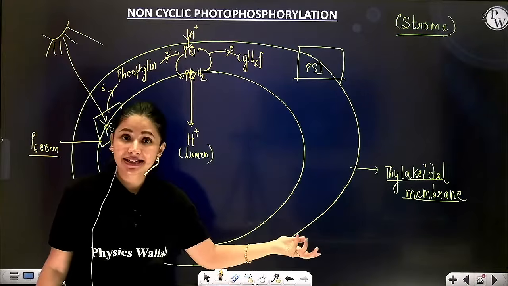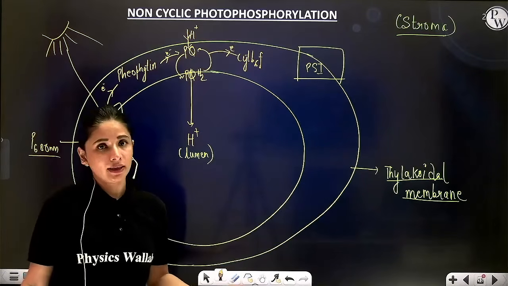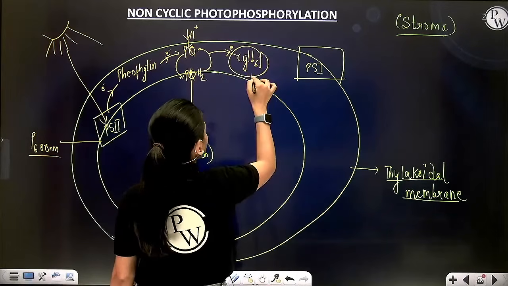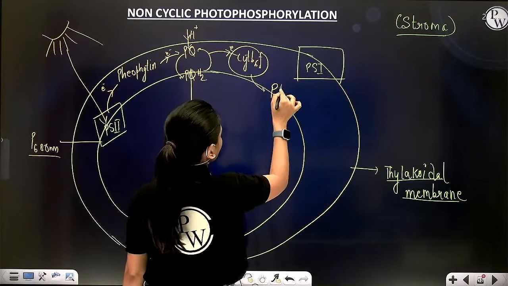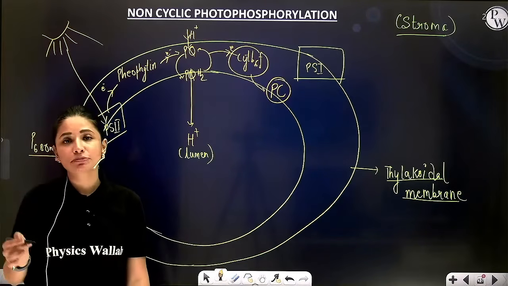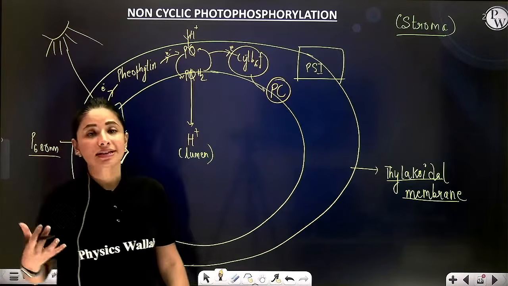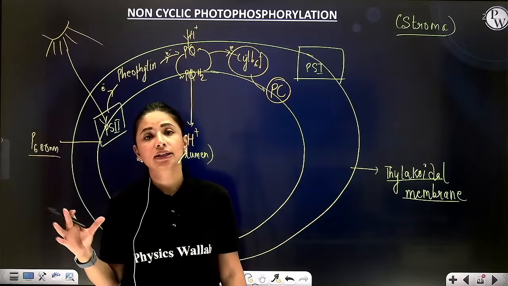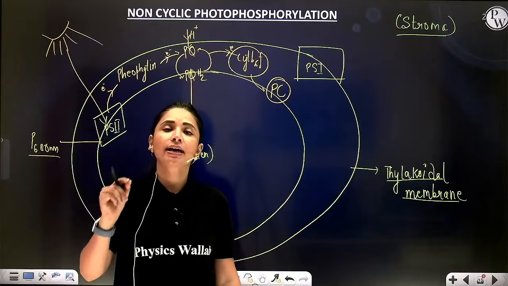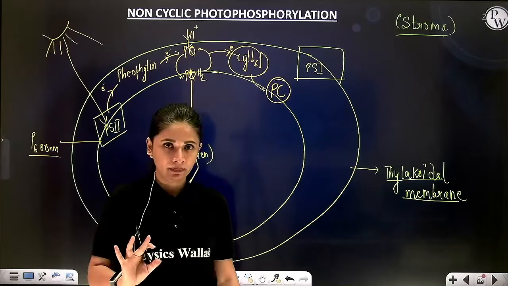It has become excited. Will it try to remain in the excited state? No, it is going to pass that accepted electron to another electron acceptor called plastocyanin on the thylakoidal membrane. Finally, the electron from PS2 has come to plastocyanin.